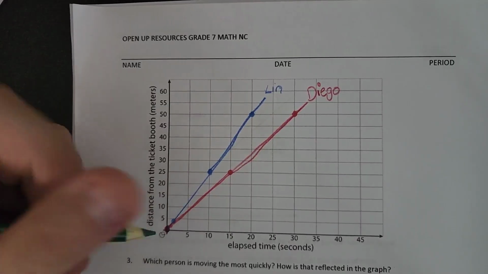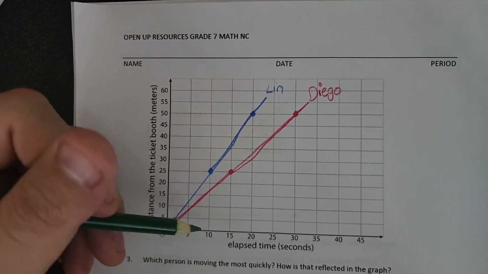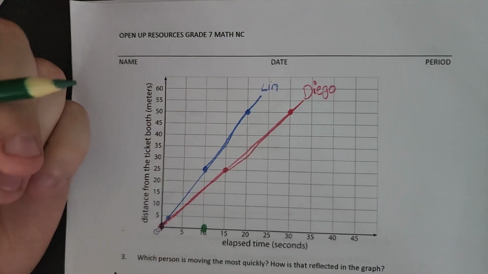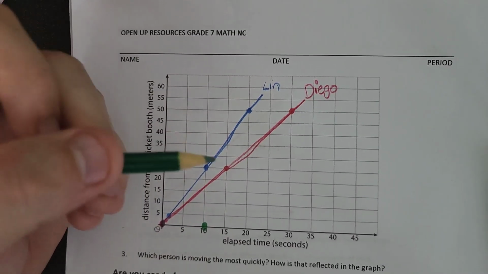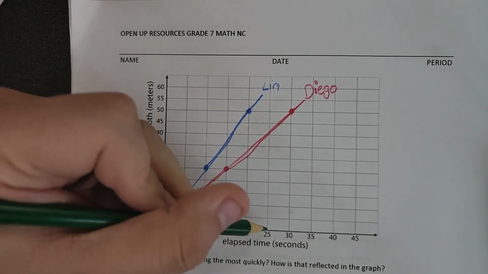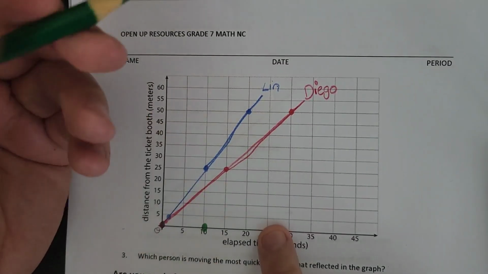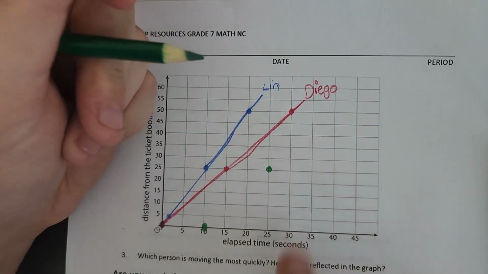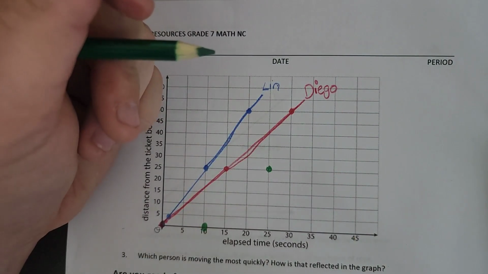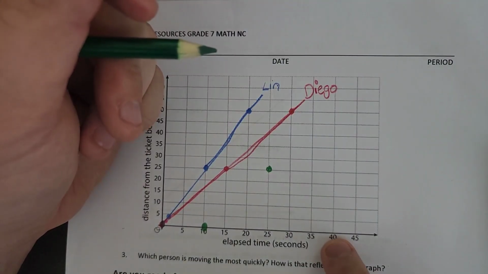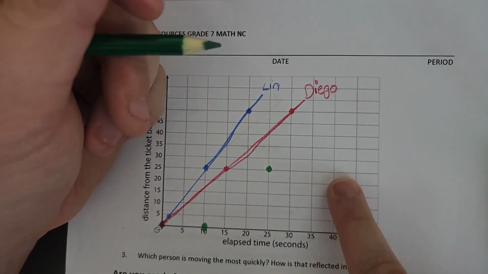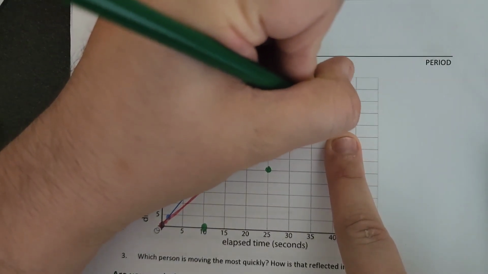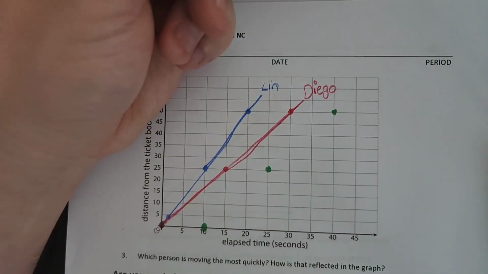Okay, and then lastly, let's work on May. At 10 seconds, where was she? 0. Ooh, so her point is right here. Then what's my next point? 25 goes up 25. And then what's my next step? 40. We go up to 50. Okay.